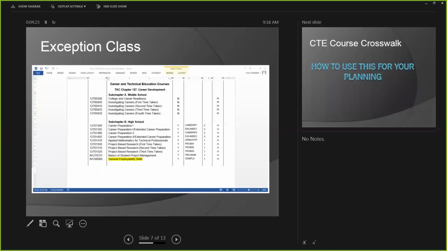And then when we get into the innovative courses, understand that if you're considering placing an innovative course on your schedule, you must have school board approval. The TEKS for said classes are housed with the Texas Education Agency, and you have to receive permission from the board before you can place that on your master schedule.